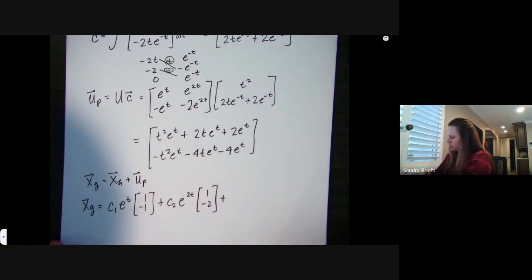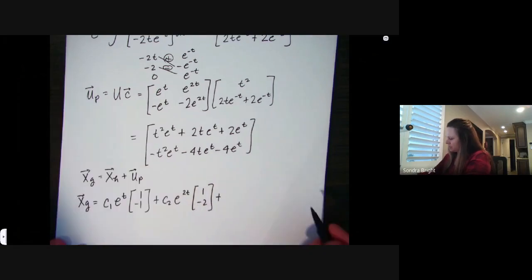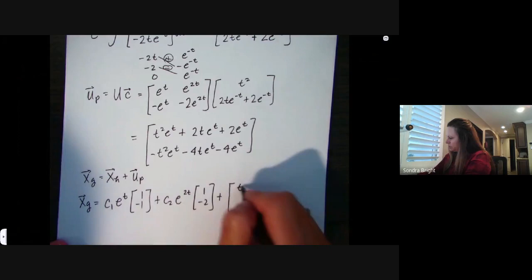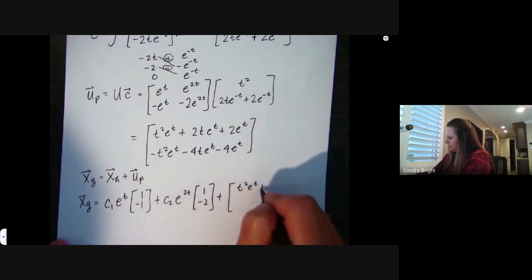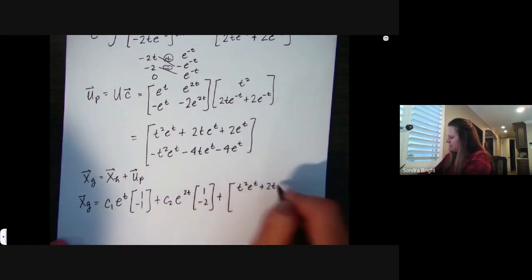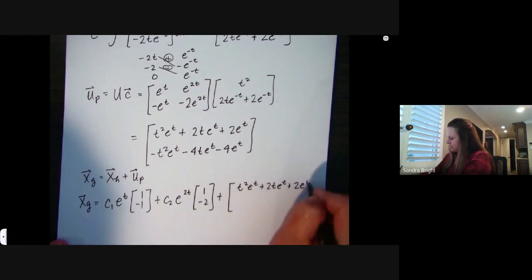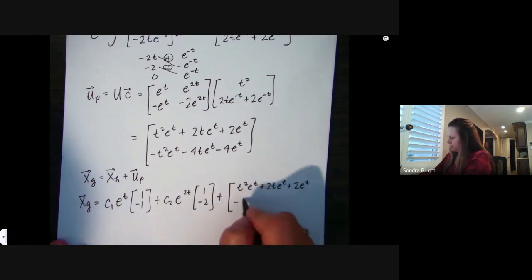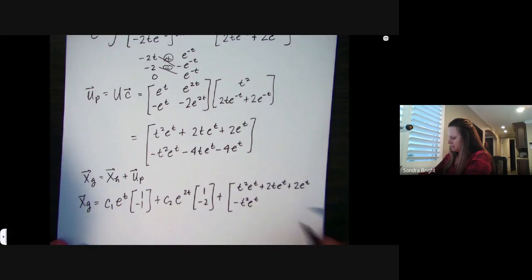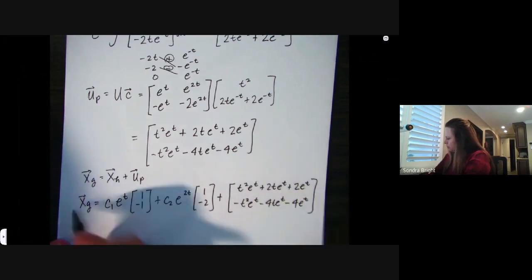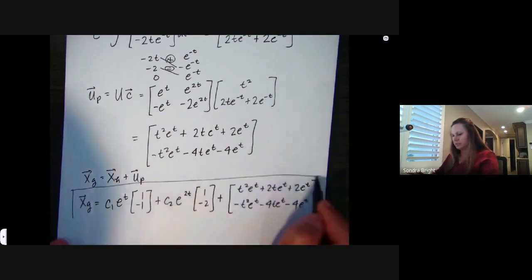It's just straight up this guy: t squared e to the t plus 2t e to the t plus 2e to the t, and a negative t squared e to the t minus 4t e to the t minus 4e to the t. There's your general solution.